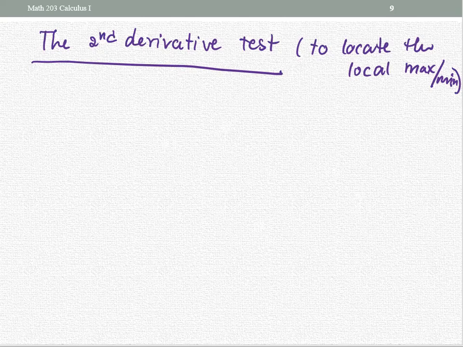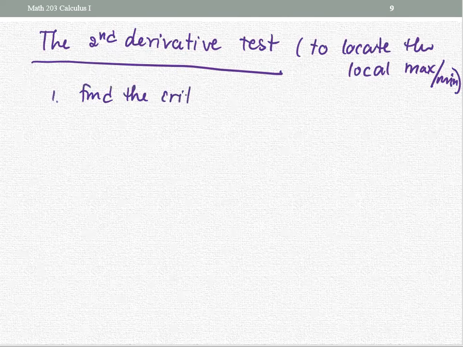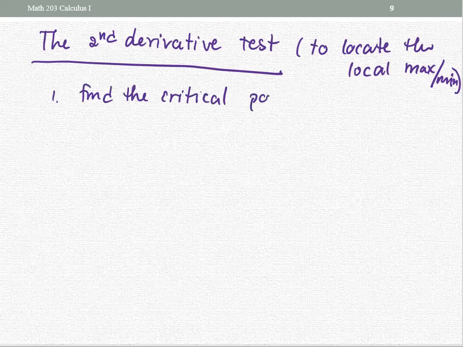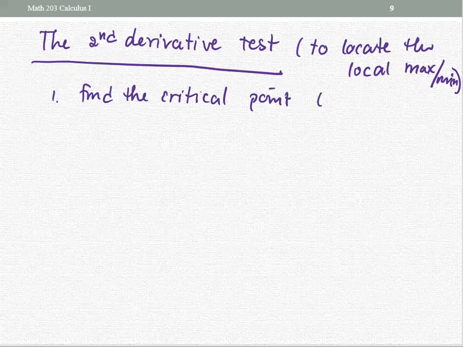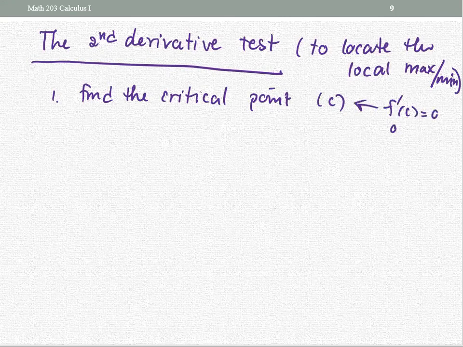How do we use it? You start with the critical number first. Number one, you find the critical point, which is the point c, from f prime equals 0 or f prime at c undefined.